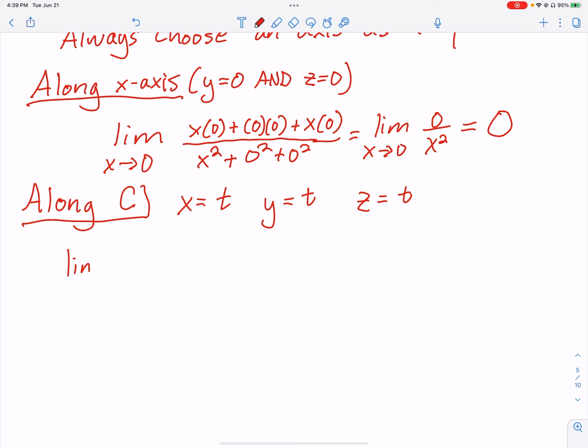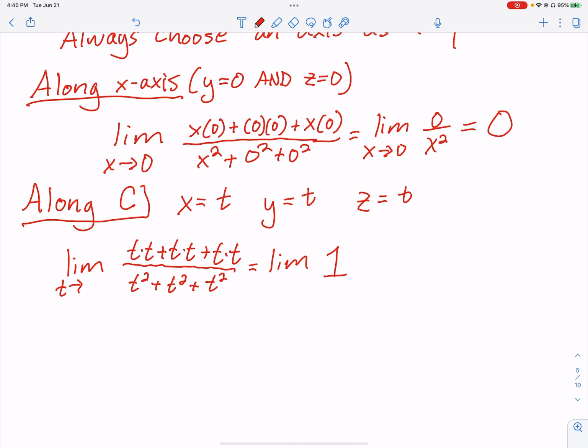So now I make my substitution. I'm going to leave the limit there first, and we're going to fill everything in. So I get t times t plus t times t plus t times t. Then I get t squared plus t squared plus t squared. You can see we're going to get 3t squared on top and on bottom. So we're going to get the limit of 1 now.